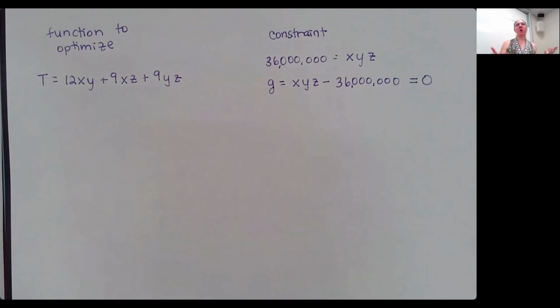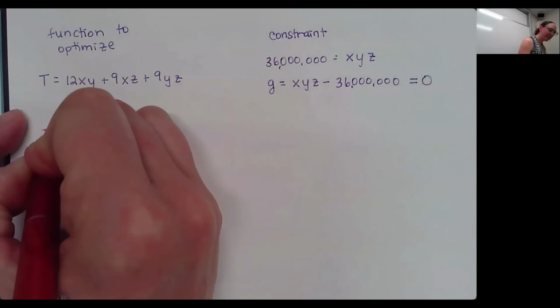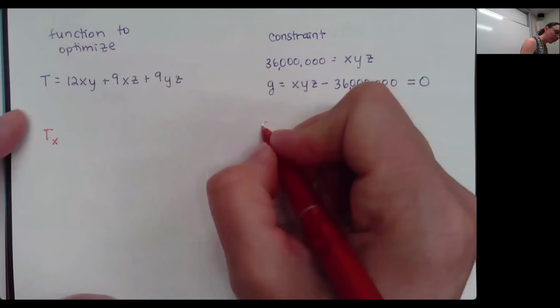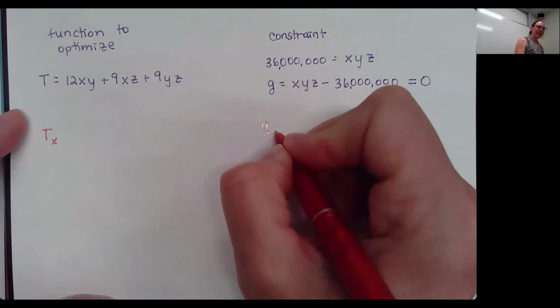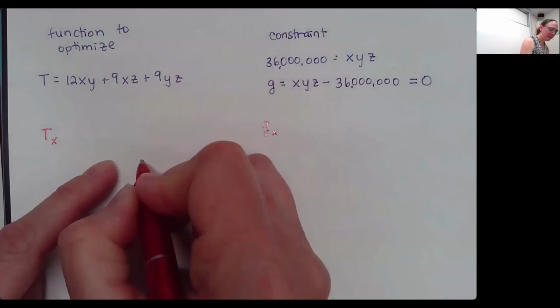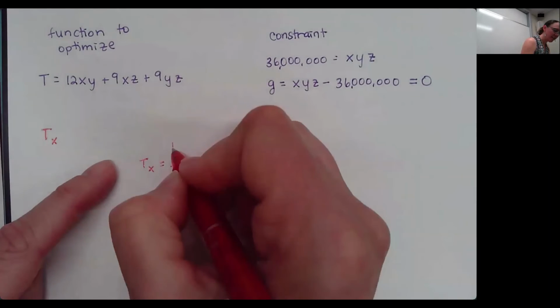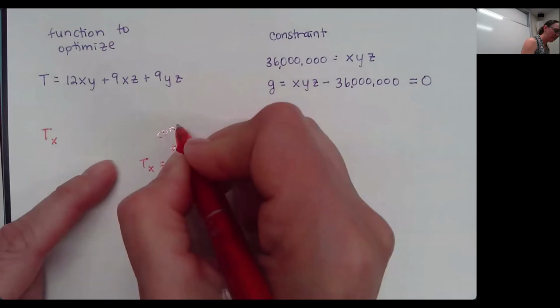And we're calling that constant of proportionality lambda. So if I take the partial derivative of t with respect to x, and the partial derivative of g with respect to x, these two things should be related, as t sub x is equal to lambda times g sub x, where this is some constant of proportionality.